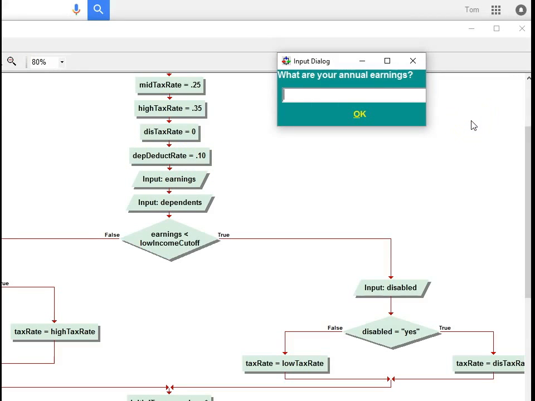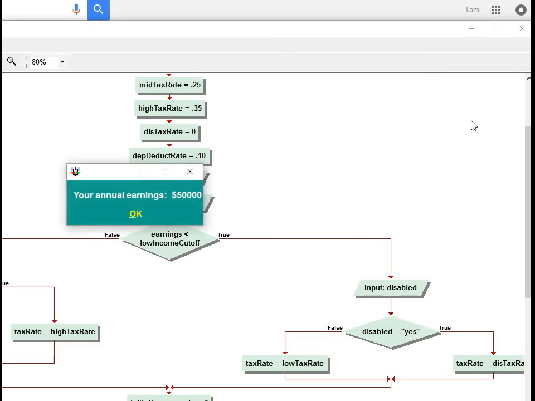Well, let's do 50,000, and we'll say yes to dependents. So 50,000, so 1250, right? That's the 20%. And then we have a deduction amount. That's good. And now that's that. So that's all working.